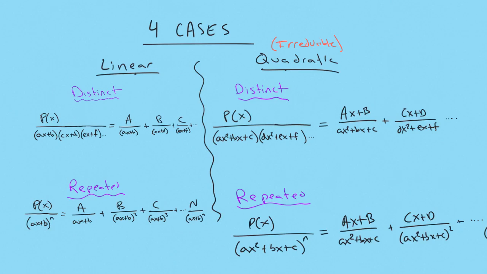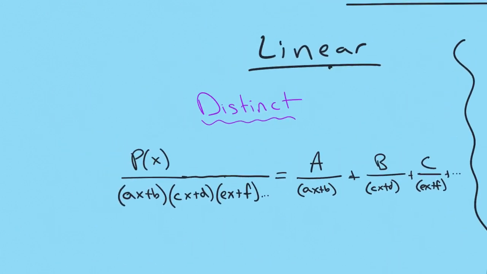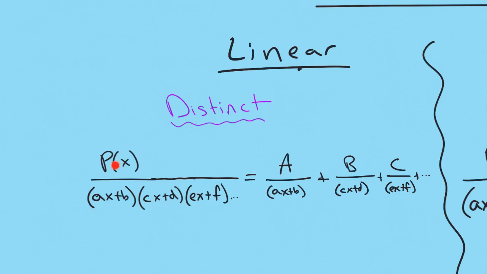So when we have linear distinct, we have some polynomial on top and distinct terms, meaning they're all different. So I have ax plus b, cx plus d, ex plus f. The format that we're going to use is we're going to split it up into fractions with each of those linear factors on the bottom and a unique constant on the top, and we use capital letters for those.